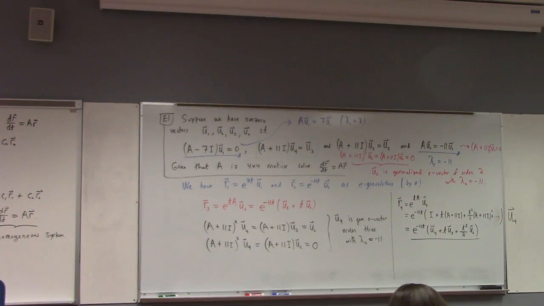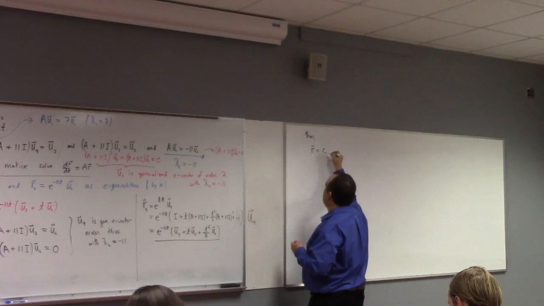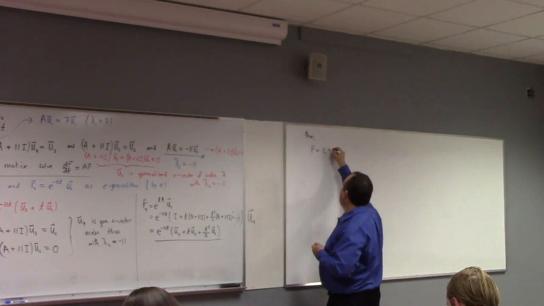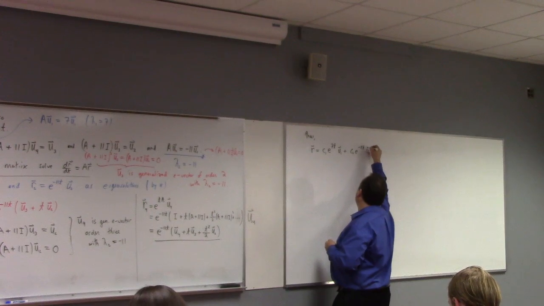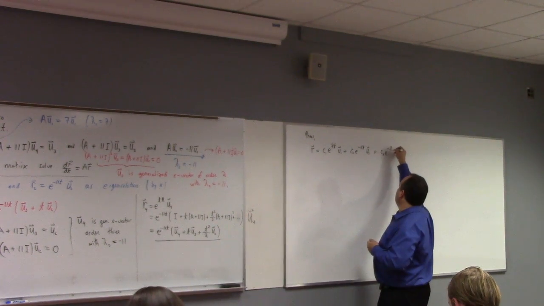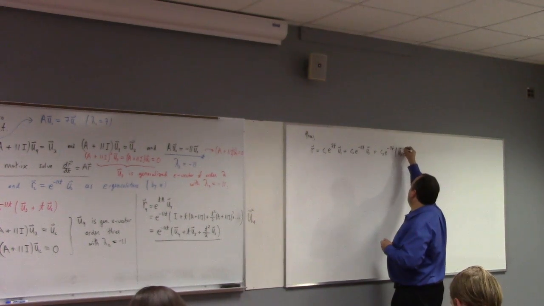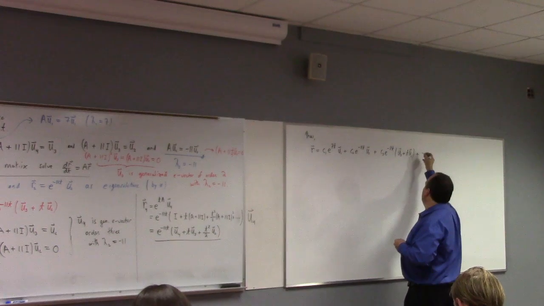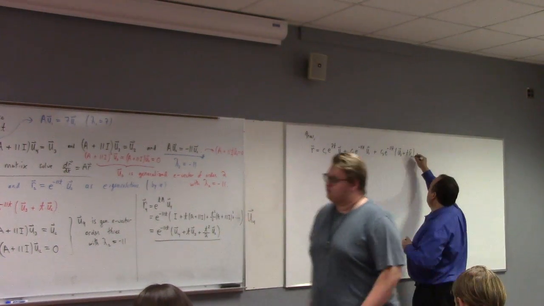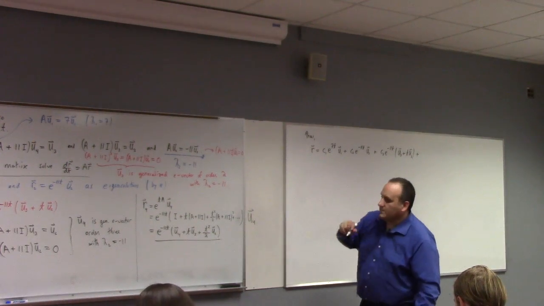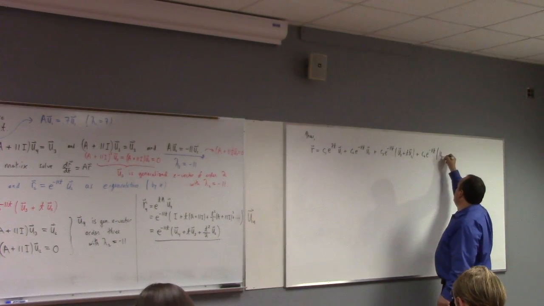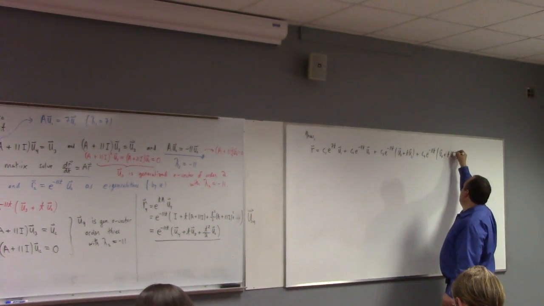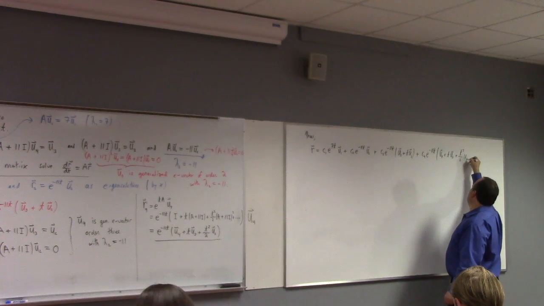Now let's put it all together. Thus R is equal to C1 e to the 7t u1, plus C2 e to the minus 11t u2, plus C3 e to the minus 11t times (u3 plus t u2), plus C4 e to the minus 11t times (u4 plus t u3 plus t squared over 2 times u2).